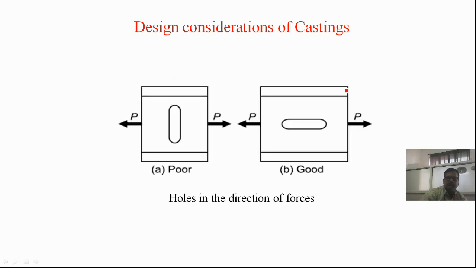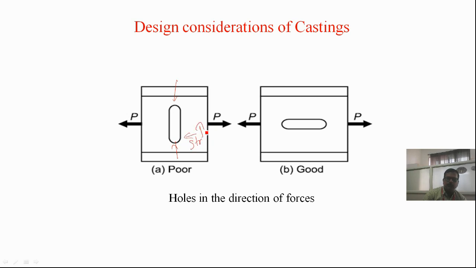Uniform wall thickness. A cast product with a hole like this results in stress concentration at this section. The material for resisting the applied load is smaller, and hence this area is subjected to the highest stress concentration.